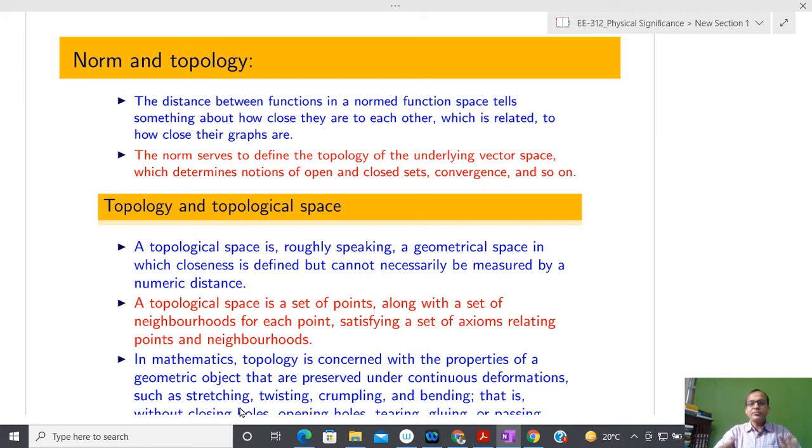If I have column vectors, functions, even polynomials, I can define the closeness using the norm. Different norms can introduce different ways to denote distance, and these kinds of distance are very important in practical applications also.